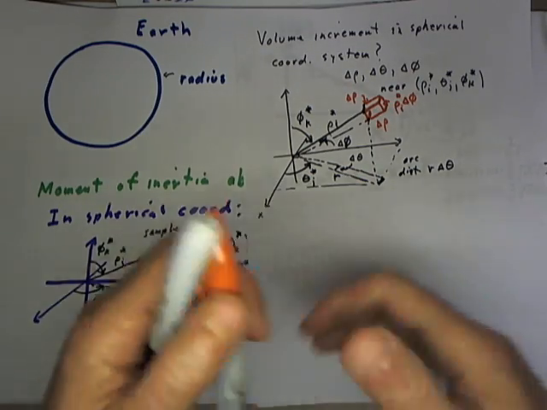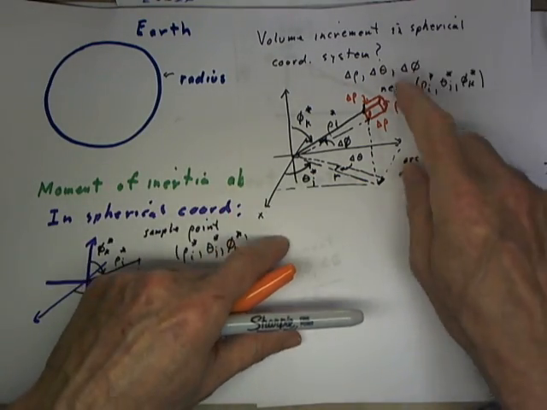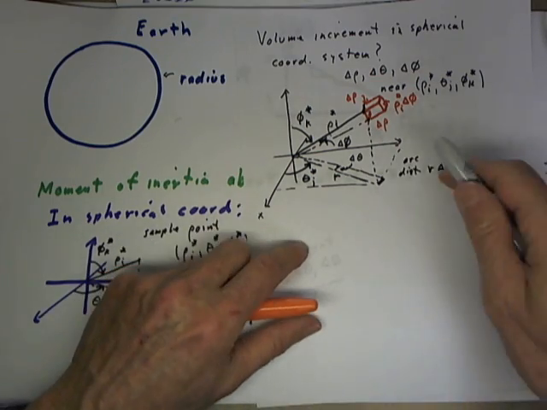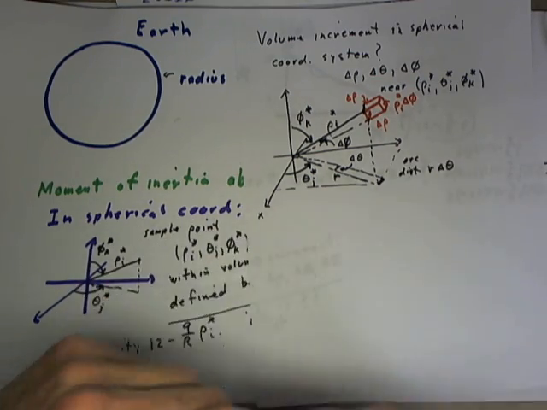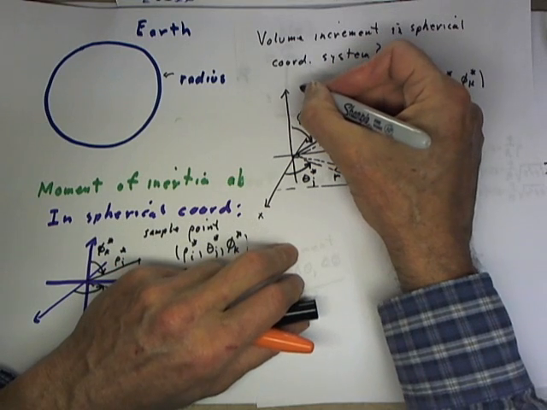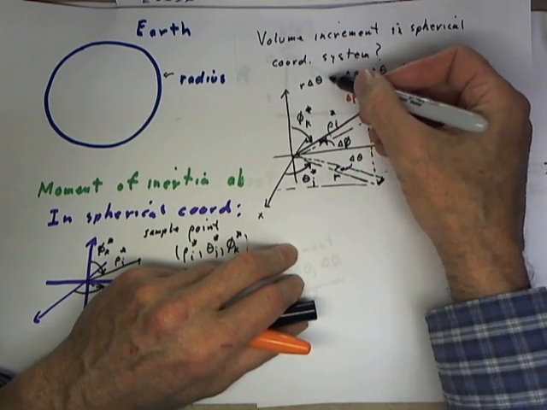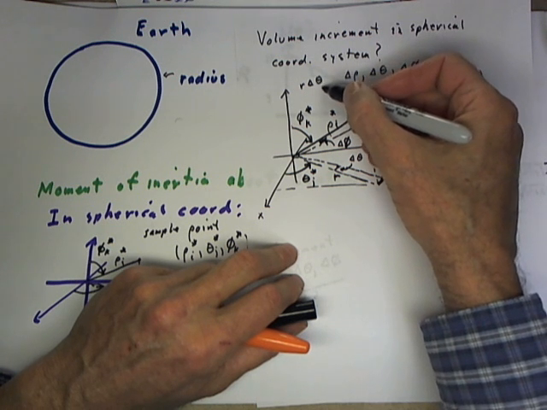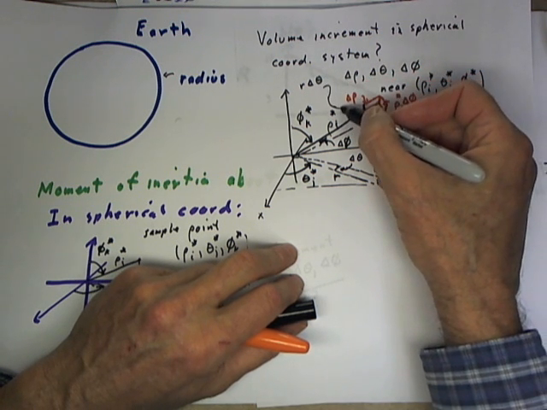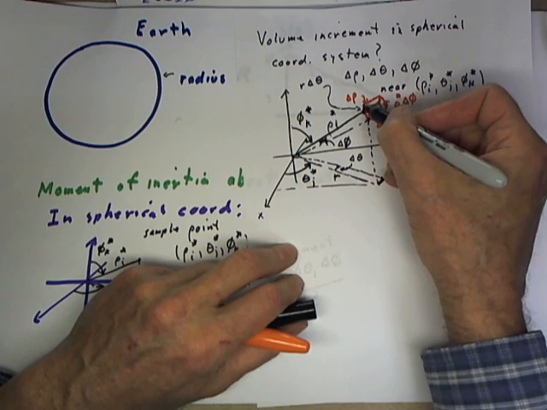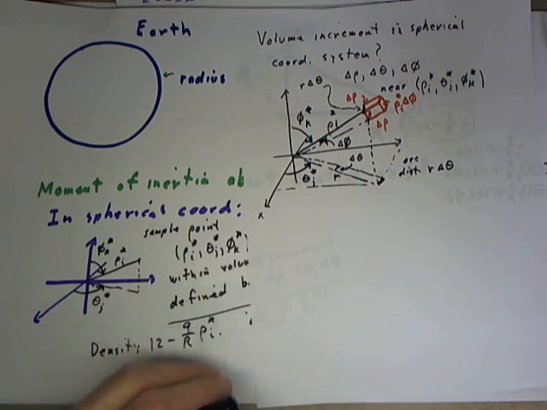Now this third dimension of the rectangle, which I haven't labeled yet, is going to be r delta theta. So I'm going to put that up here, r delta theta, and indicate that that's this part of the arc.